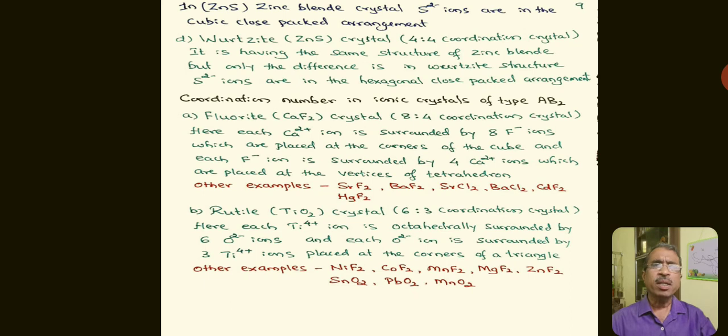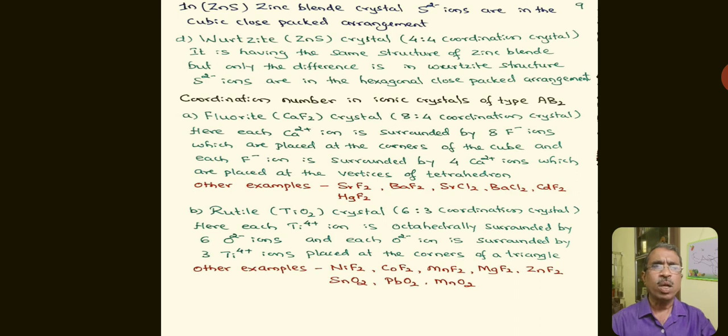Coming to another type of ionic crystals, that is AB2 type. The example is fluorite crystals, for example, calcium fluoride. Here, each calcium ion is surrounded by 8 fluoride ions which are placed at the corners of the cube, and each fluoride ion is surrounded by 4 calcium ions which are placed at the vertices of a tetrahedron.